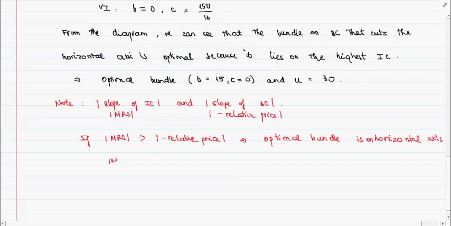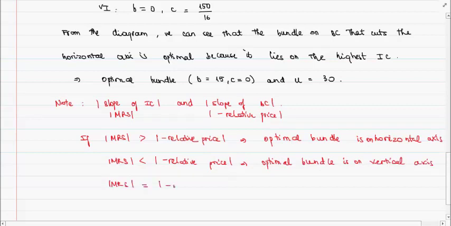Now if the marginal rate of substitution is smaller than the absolute value of the relative price, then the optimal bundle is going to be the bundle on the vertical axis. And if they are the same, so the absolute value of the marginal rate of substitution is the same as the relative price of the budget constraint, then any bundle on the budget constraint is optimal.